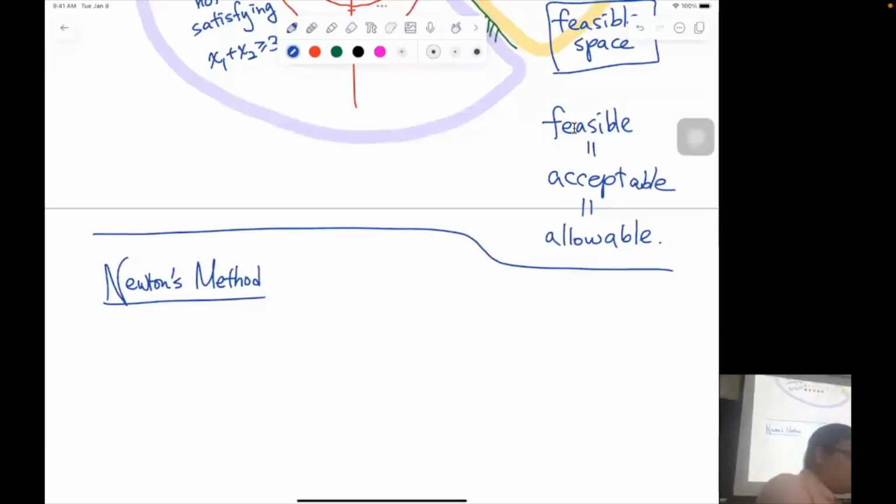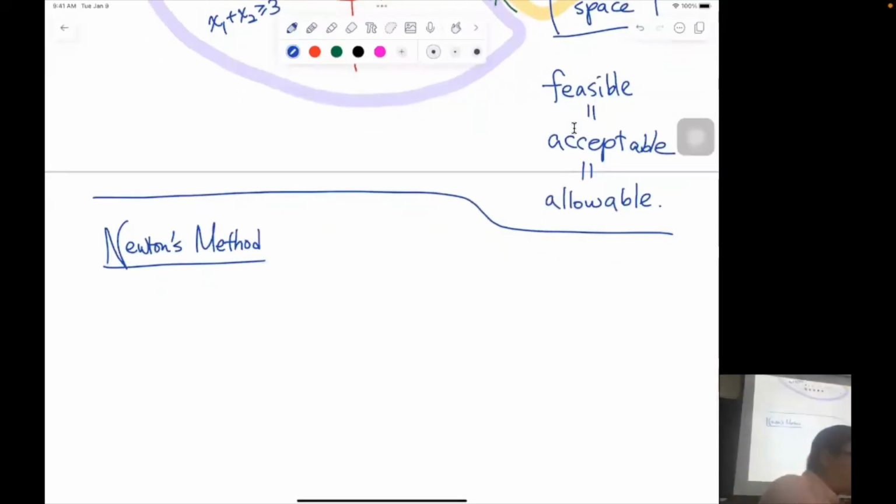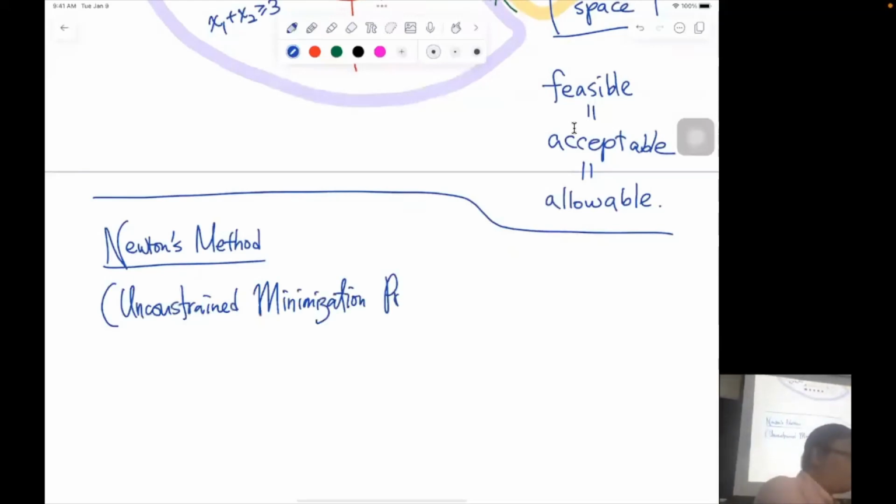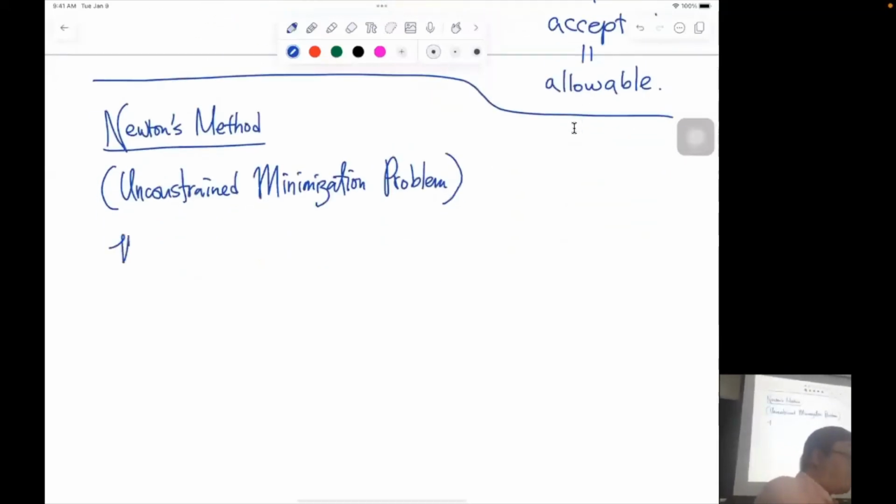So this can only be used for the so-called unconstrained minimization problem. What does that mean? For example, minimizing f of x. So over here, we are only solving one dimensional.